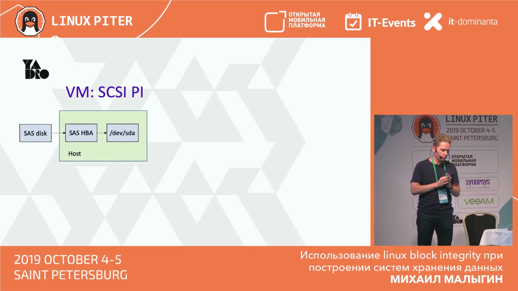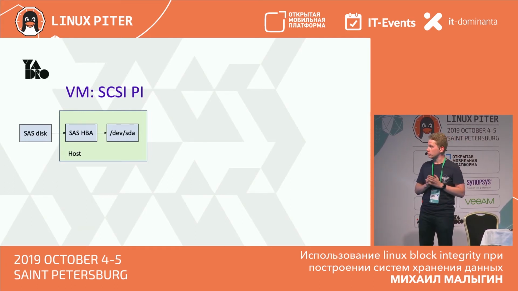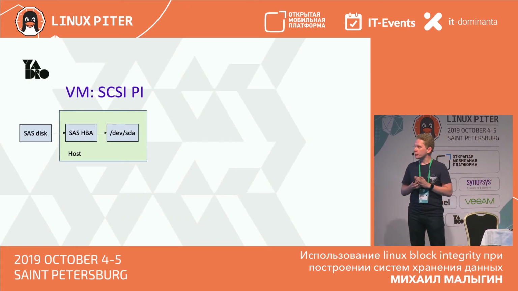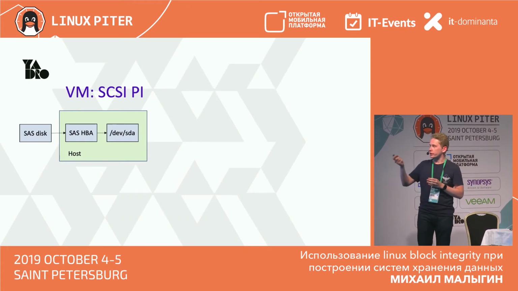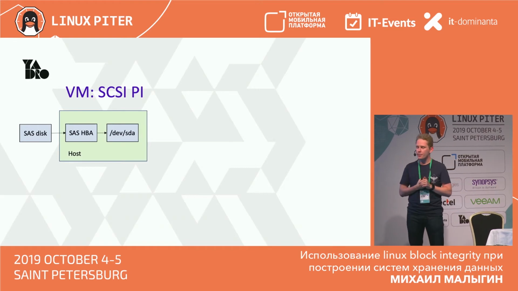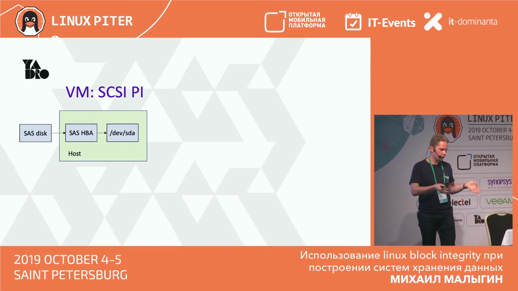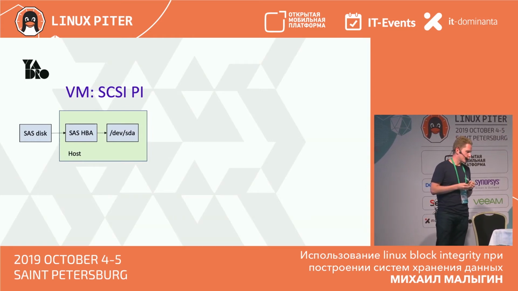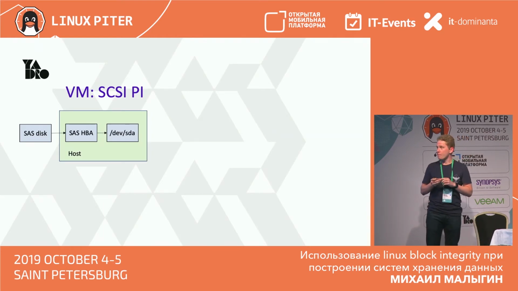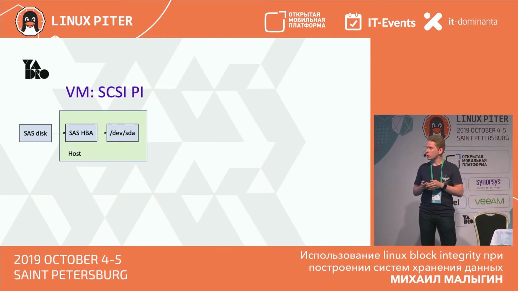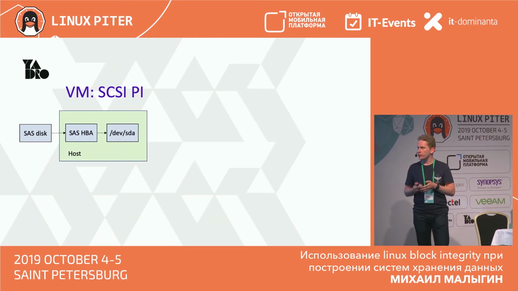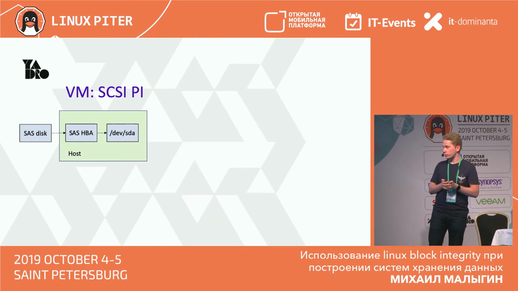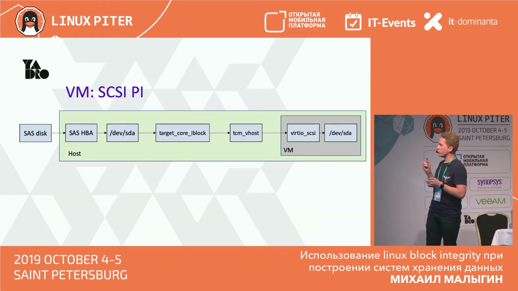As to SCSI, in the previous slide we had a disk connected to an HBA in the host. And we have a SCSI device, and we can use the same picture as we had for the laptop, but we shouldn't use the loopback device, but vhost.